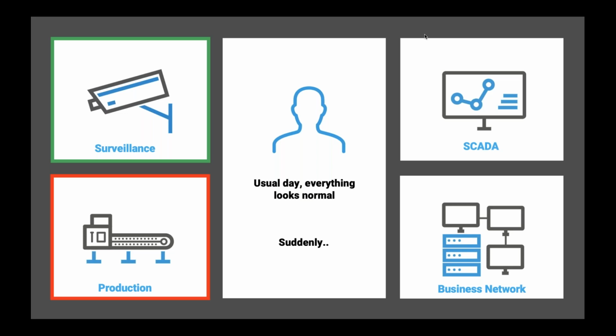They went through the physical access to check if there was anything wrong, but later they found that it actually came from the SCADA network, and the engineer who was responsible for doing some regular maintenance or updates, his machine was infected when he was connected to the SCADA network.